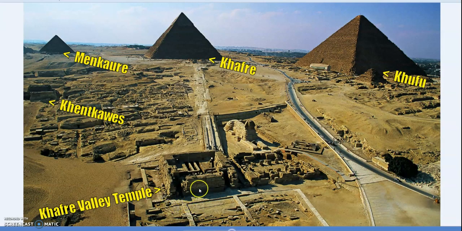So the Khafre Valley Temple, Kentkawes, Menkaure, Khafre, Khufu, these are designed with astronomical elements, but also there is a deeper geometry and a deeper scientific symbolism, that this is a textbook written in stone, and it will connect to earth-based measure systems. And that is the most extraordinary thing that we're going to examine.